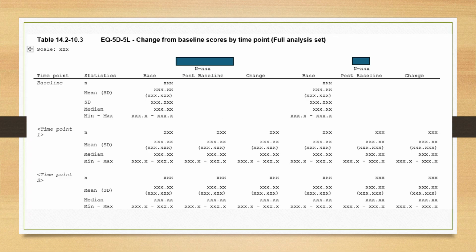Now, since we have to populate the change for time point 1, time point 2 here, we want to know what was the base value for that time point. We cannot take the baseline value in this example as the base for time point 1 and time point 2, but we have to identify the base value for each time point respectively.